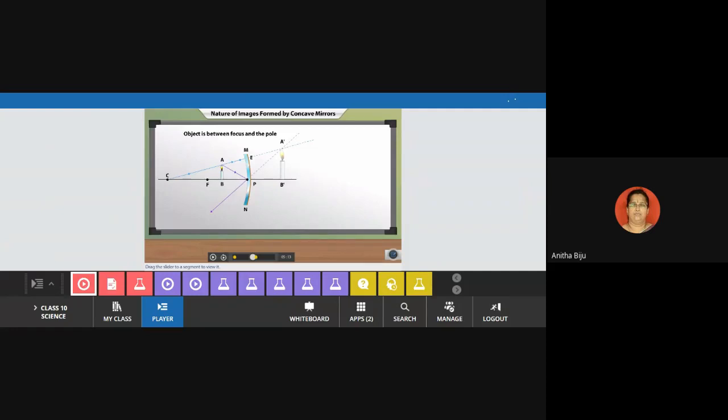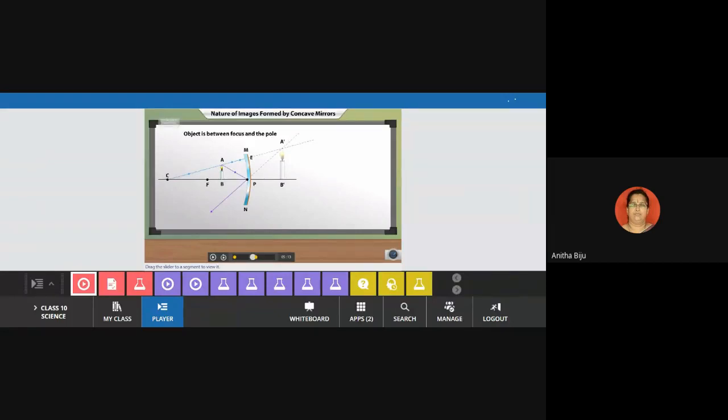Now it is very clear. First, the position of the image: it is formed on the other side of the mirror. Second, is it real and inverted? No. It is formed on the other side, so it can never be caught on a screen. That's why it is virtual and erect.